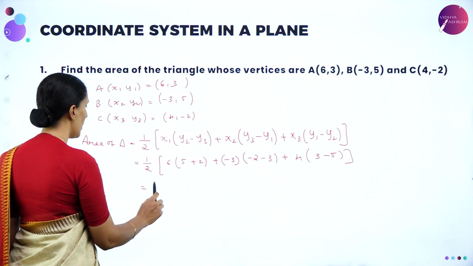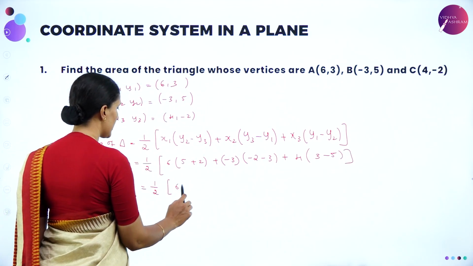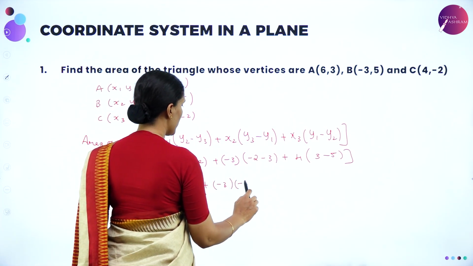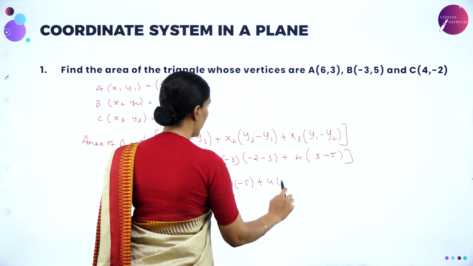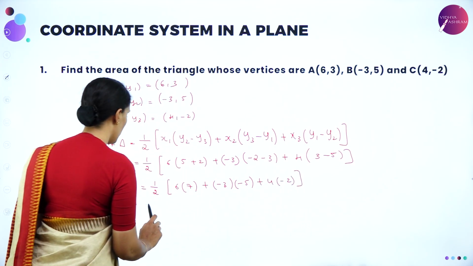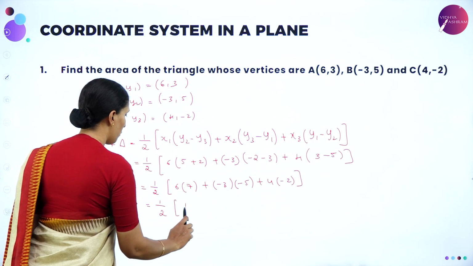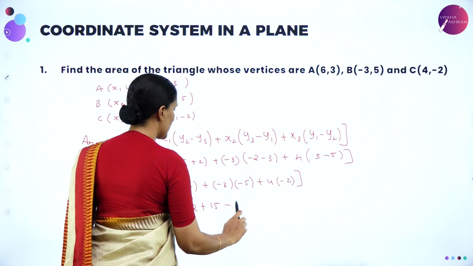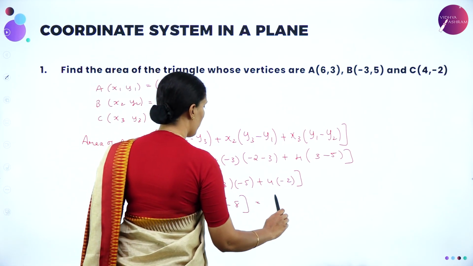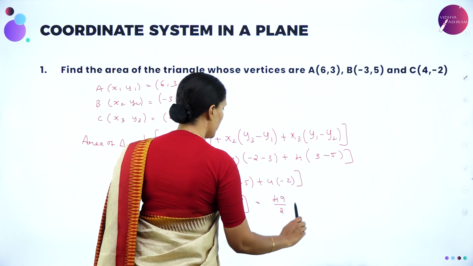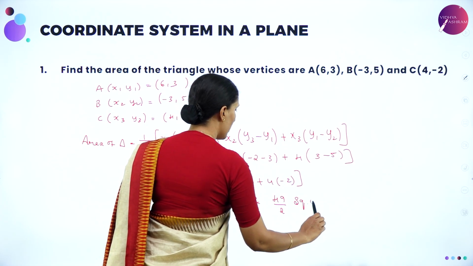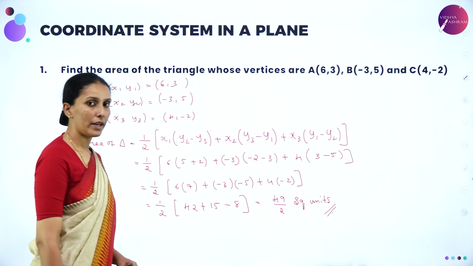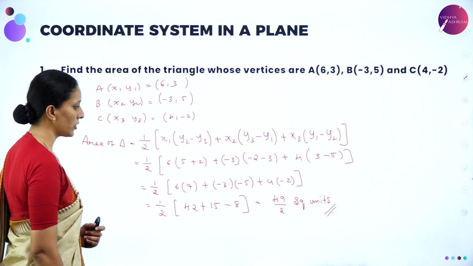So now here, half of 6 into 7 minus 3 into minus 5, 4 into minus 2. Half of 42 plus 15 minus 8, which is equal to 49 by 2. Since we are talking about area, the unit is square units. So therefore the area of the triangle is 49 by 2 square units.